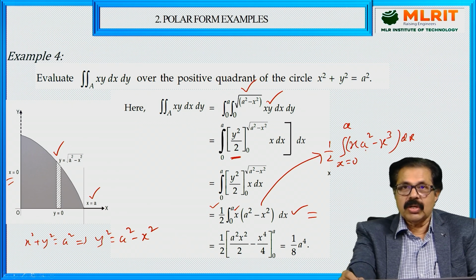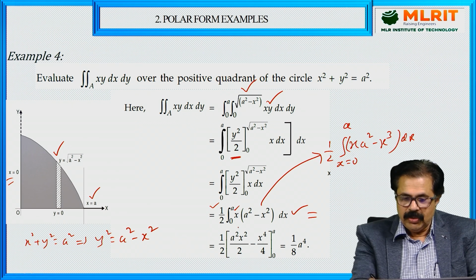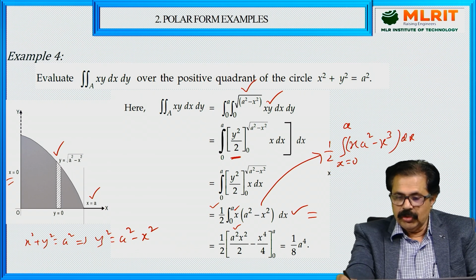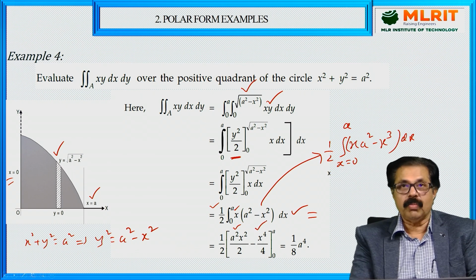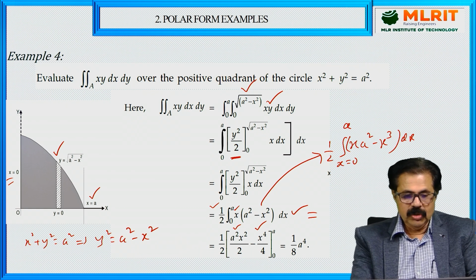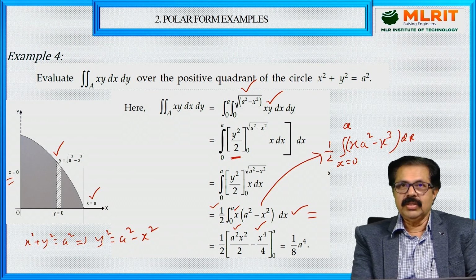Now a square is a constant, so integrating x gives a square x square by 2, the first term. The second term is minus x cube integrated, minus x raised to 4 by 4. Put the limits, and then you can simplify.